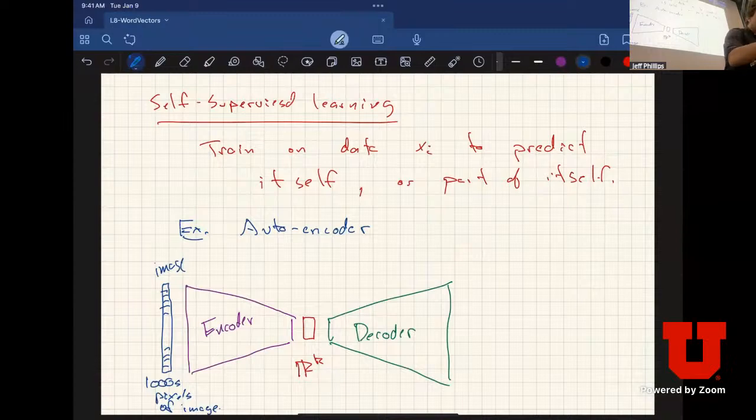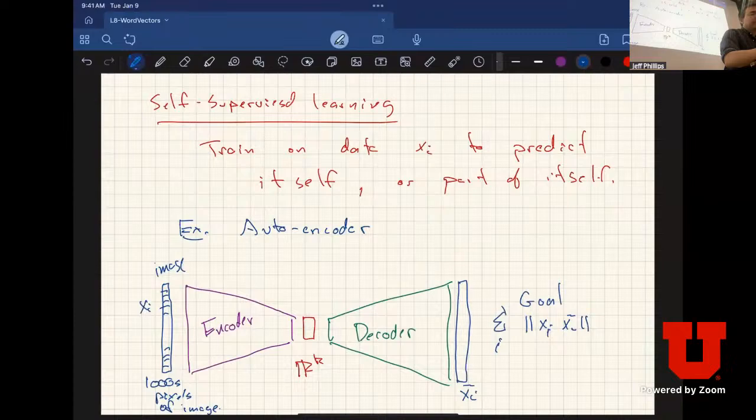Okay, and the decoder was trying to reconstruct xi, so this would be xi tilde, and the goal is that xi minus xi tilde, the squared norm, is small, right? So the sum of the squared differences between xi and xi tilde, I want this to be small.